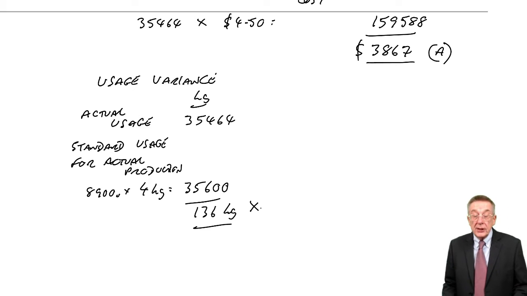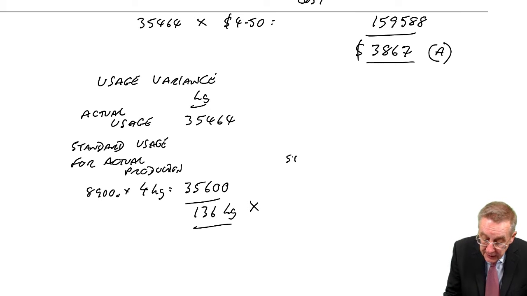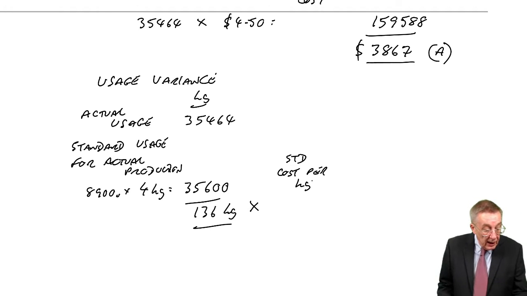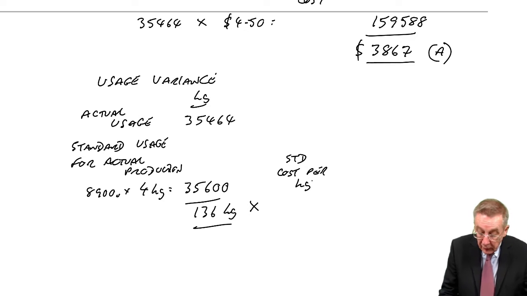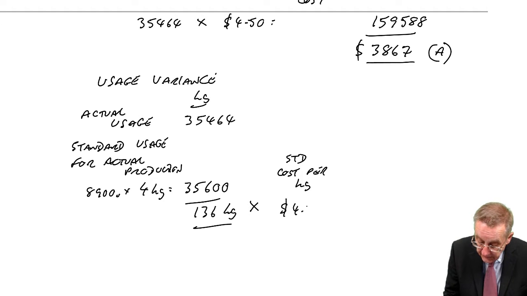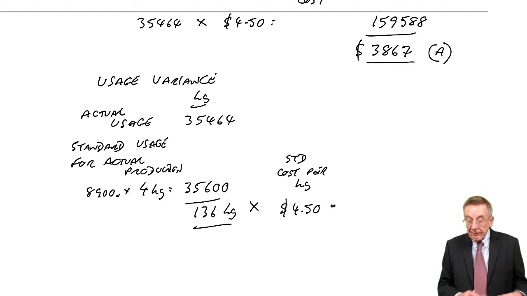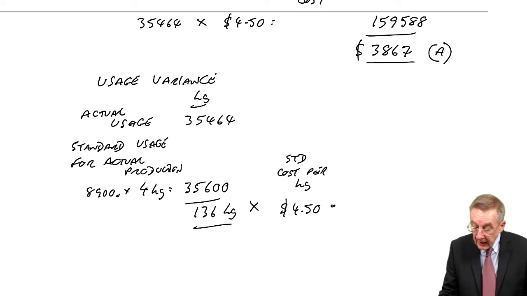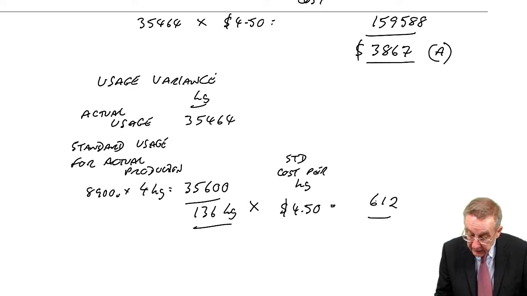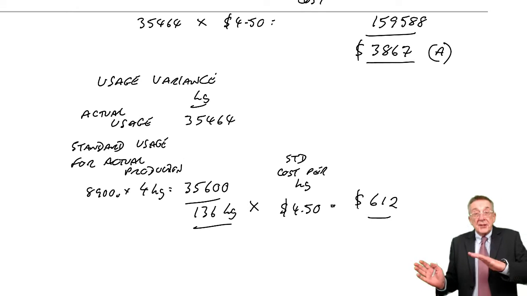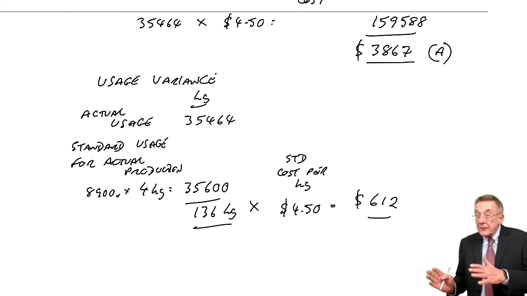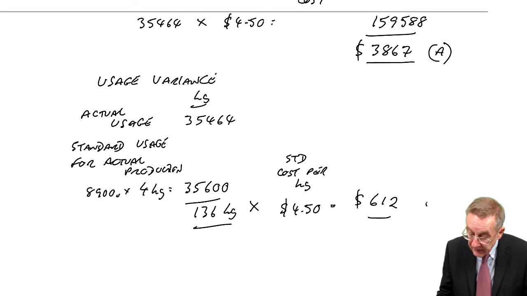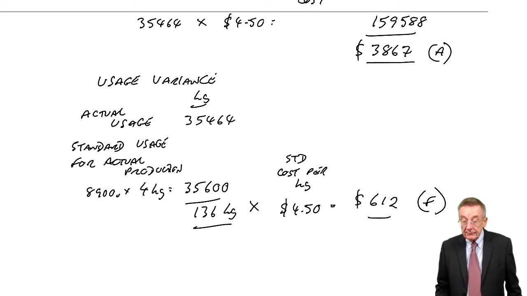If that's all that had changed, how much money would that have saved us? Well, if that's the only thing that had changed, at standard cost per kilo, we'd have saved, how much was it? 4.50 a kilo. We'd have saved 136 times 4.50, 612. We saved on material on its own, that would have saved us money, and therefore it's favourable.